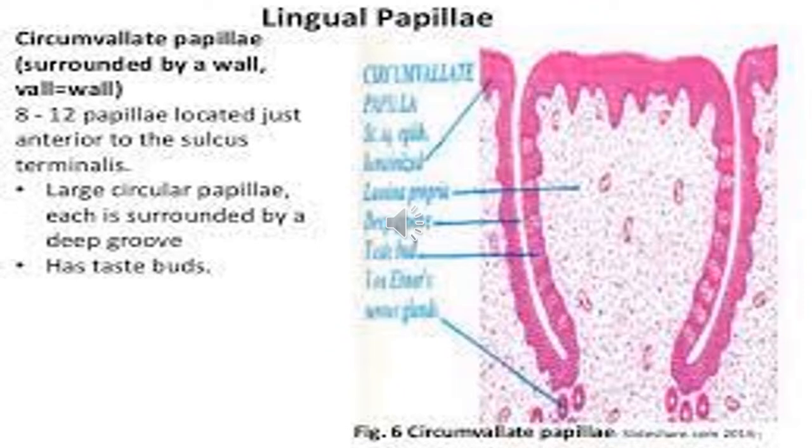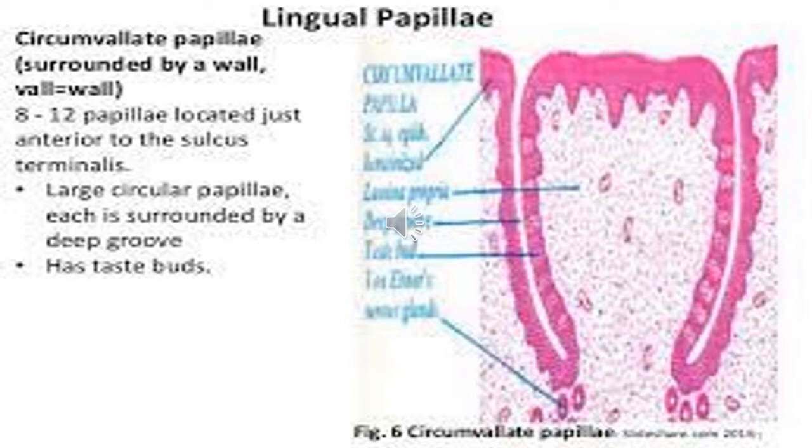Now coming over to the function of the papilla. Number one, the lingual papilla increase the surface area of the dorsal surface of the tongue and therefore make the surface rough also. Number two, they increase the tongue's ability to manipulate the food bolus and to position the food between the teeth during mastication.